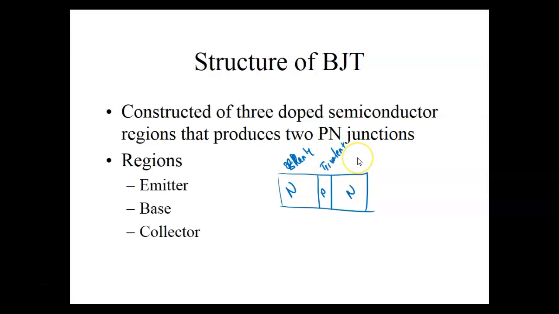It's just like the diode, the way we dope the diode to make a P material and the way we make an N material. But here what they're doing is sandwiching another material inside the center. And of course, this would be another pentavalent, which is the same as a diode.